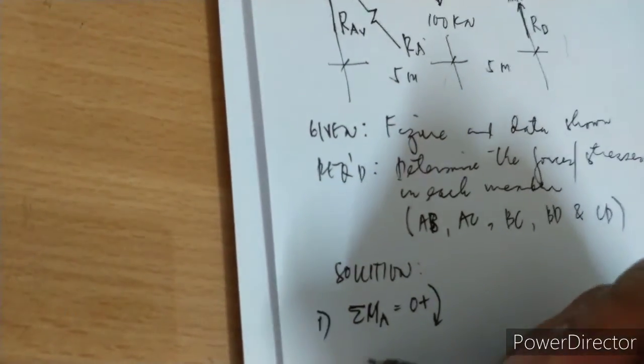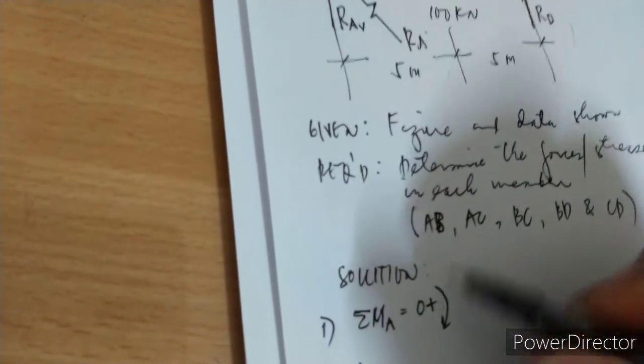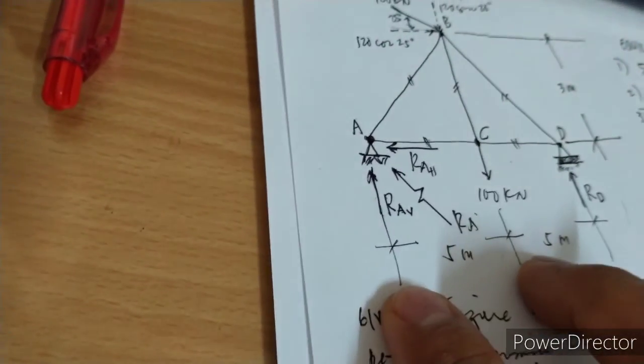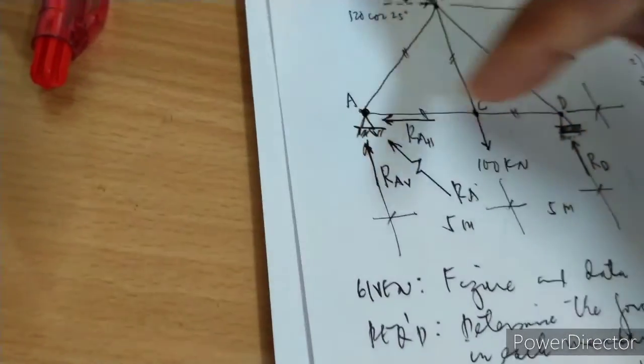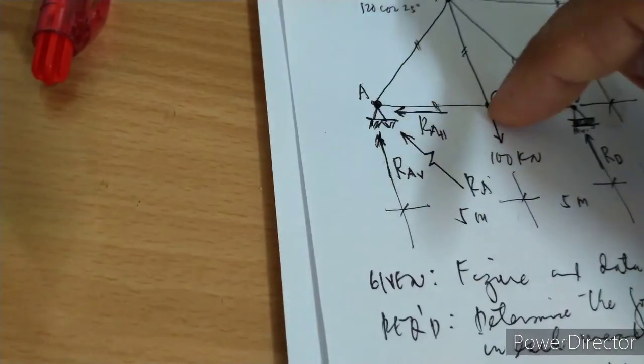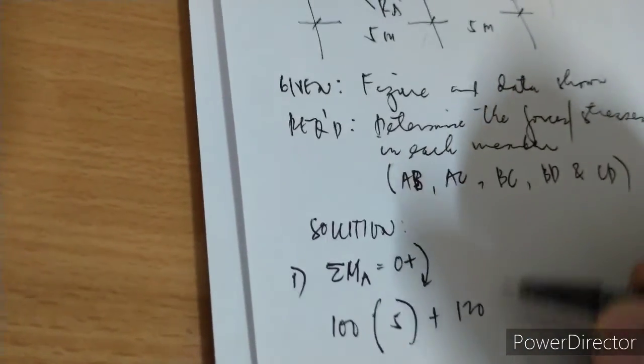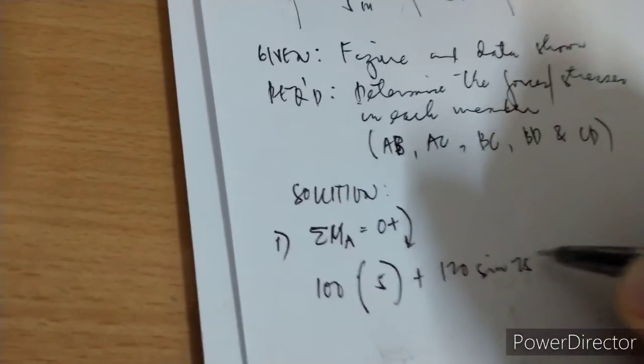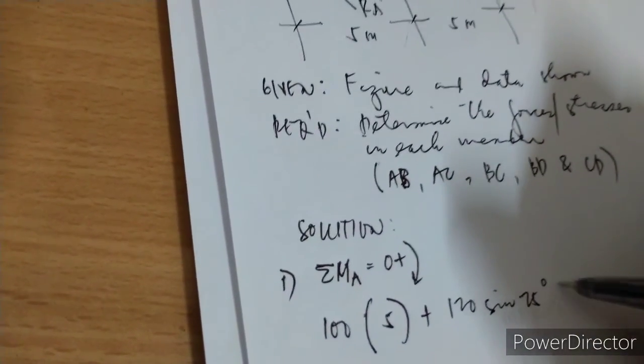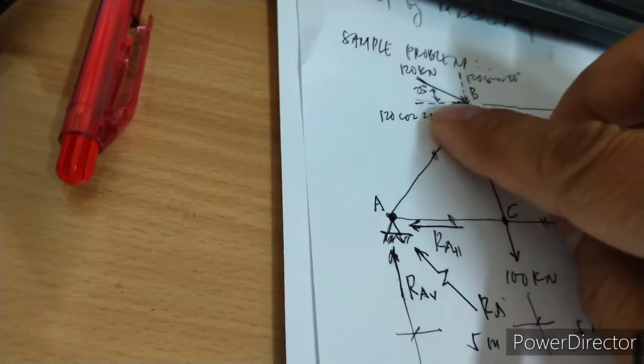So let's try to write. First we have 100 times the moment arm. What's the moment arm? This is 5 from this. That's the perpendicular distance. So we have 5, plus 120 sine 25 degrees, plus that one, the horizontal component.